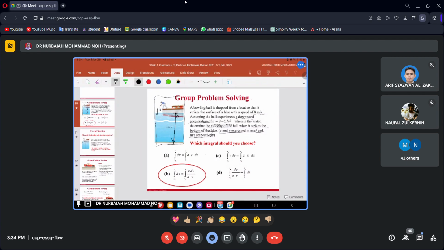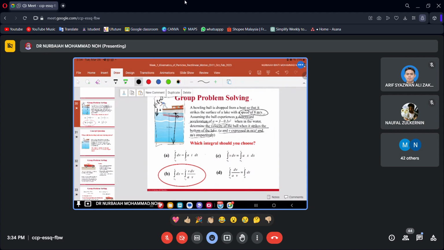Okay. Alright. So dia kata apa? Boat strike, so that is strike the surface of a lake with a speed of 8 meter per second. Dia kata speed, ni adalah magnitude saja. You dah tahu dah directionnya apa? Ke bawah. Dengan V equal to 8 meter per second. Ini adalah V naught.